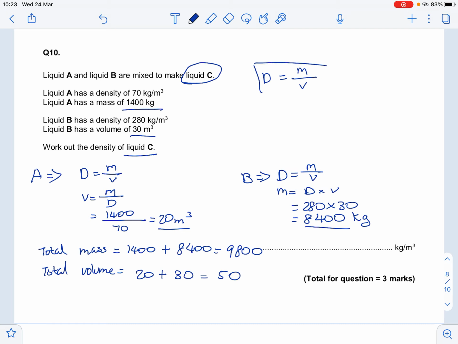Then using our formula, density is mass over volume. So total mass 9,800 over volume 50, so it's 196.